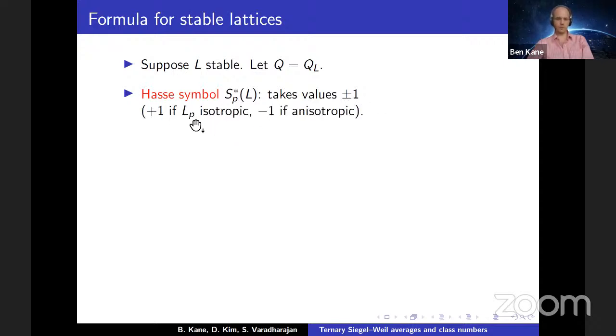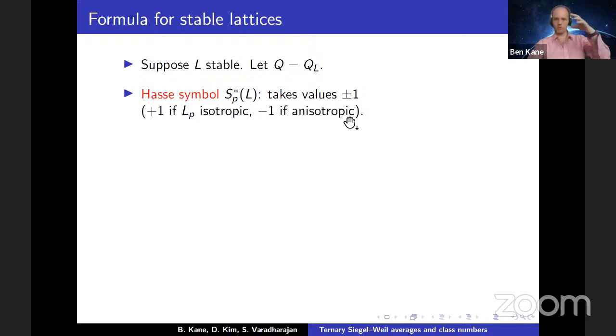In particular, if you know something about lattice theory, we take plus 1 if the localization L_p is isotropic. Isotropic means it has an element of norm 0. And anisotropic, we take minus 1.